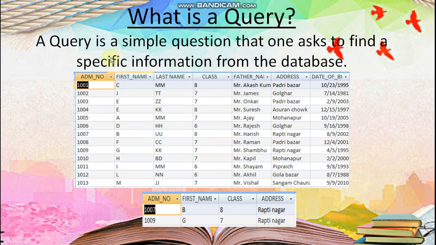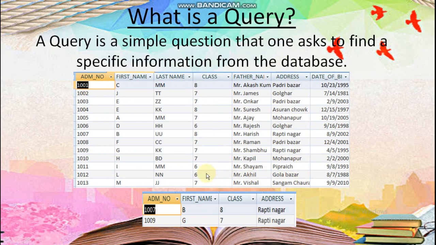For example, you are watching a table here. From this table, you can come to know that there are various students of various classes and of various locations.